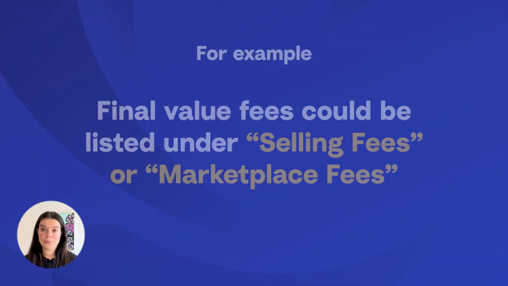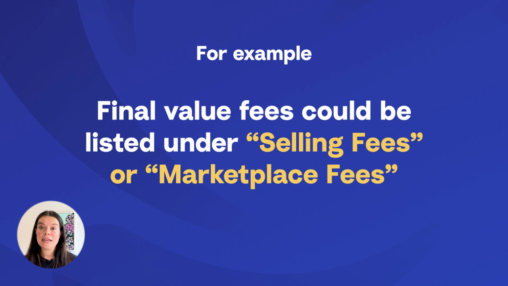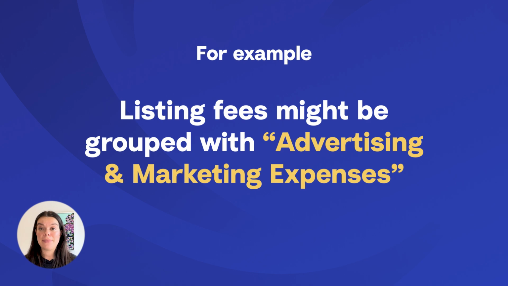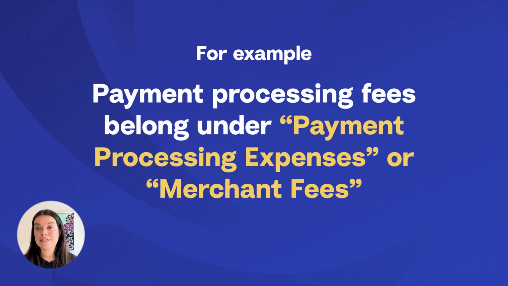For example, final value fees could be listed under selling fees or marketplace fees. Listing fees might be grouped with advertising and marketing expenses. Payment processing fees belong under payment processing expenses or merchant fees. If you use A2X to help with your eBay accounting, A2X will create the default chart of accounts for you.